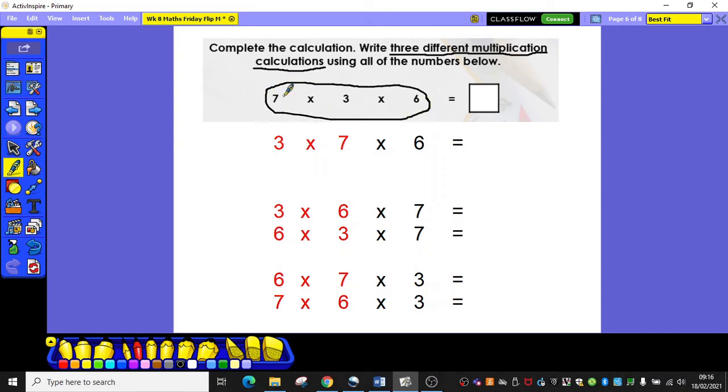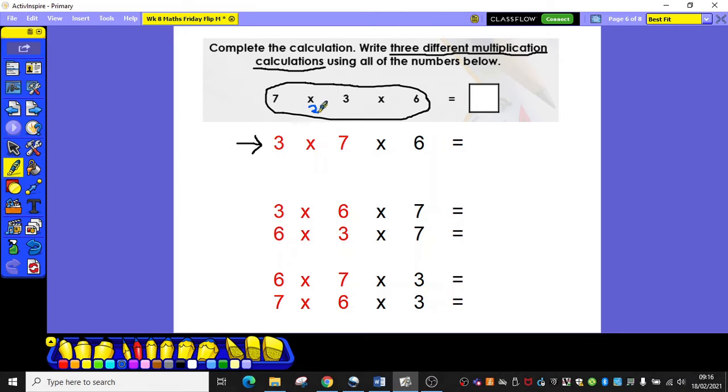Okay, 7 times 3 times 6. Now obviously I can rearrange these numbers in any order, but would this one count as a different multiplication? The answer is no. And the reason for that is that if I complete my numbers in this order, 7 times 3 is 21.